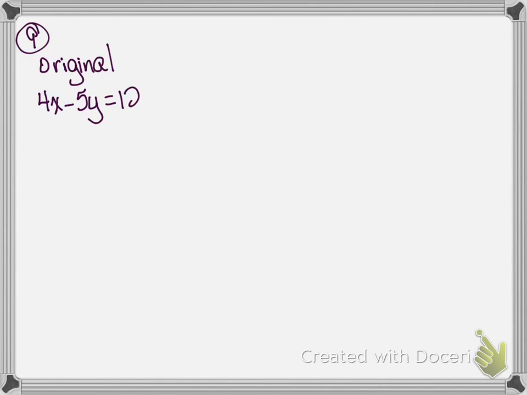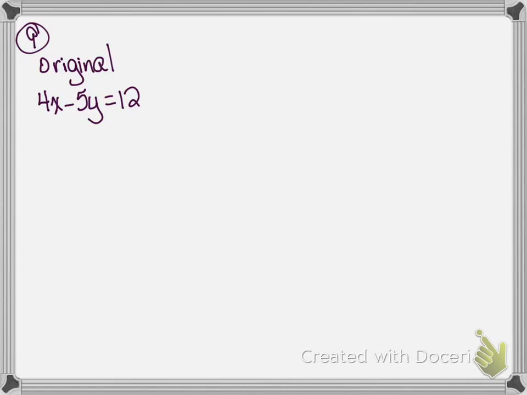For problem number 9, we are looking for parallel and perpendicular lines. My original line is 4x minus 5y equals 12. What I need to do is put this in y equals mx plus b form so that I can identify the slope.